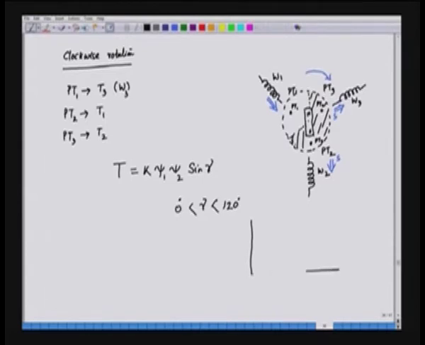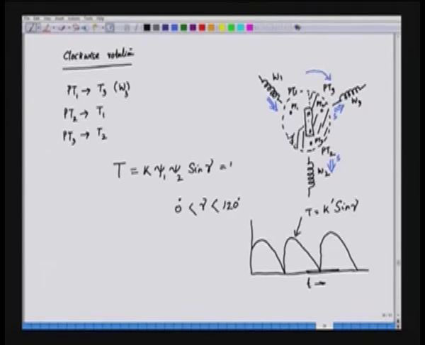So, if we see the plot of the torque, in this case as the time progresses, we can see that torque will change in the following fashion. It is varying as a sine wave, but varying like this. So, this is basically the torque, and torque is equal to k prime sine gamma.